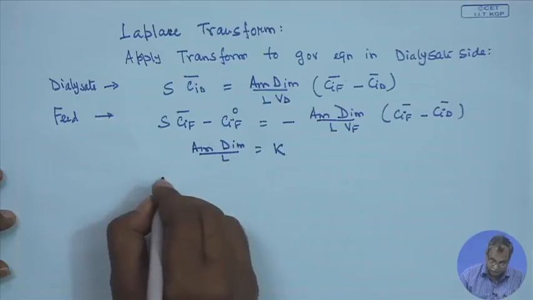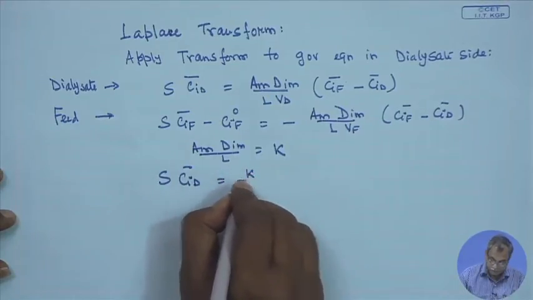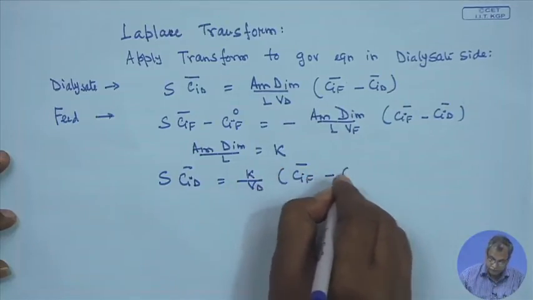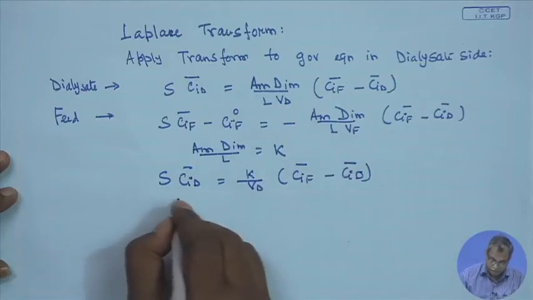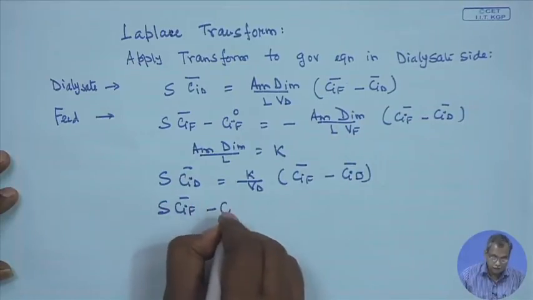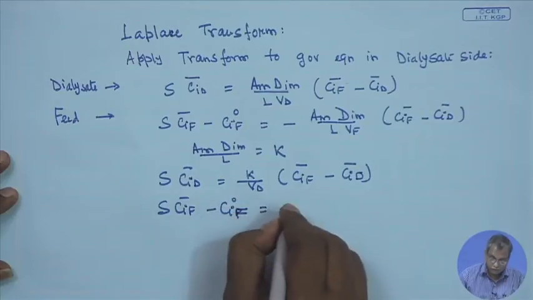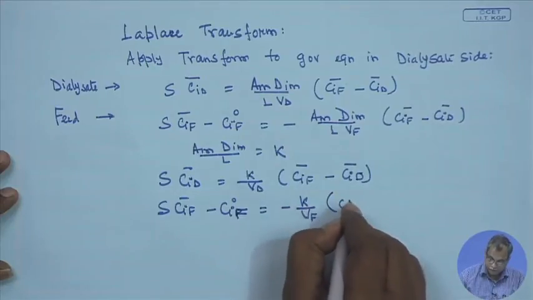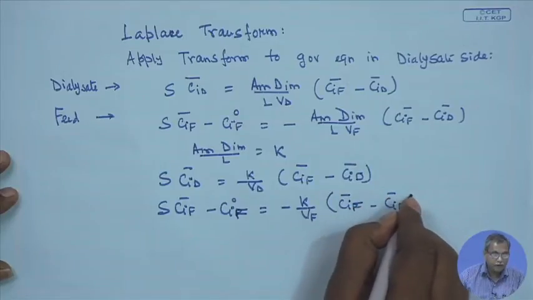So, the first equation becomes s C_Id bar is equal to K by V_d times (C_If bar minus C_Id bar), and the second one becomes s C_If bar minus C_If naught is equal to minus K over V_f times (C_If bar minus C_Id bar).